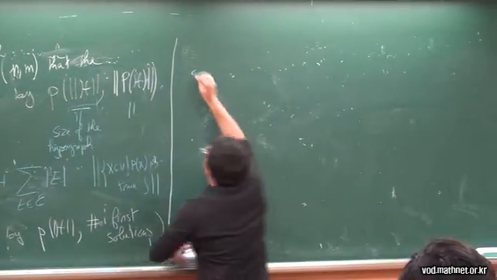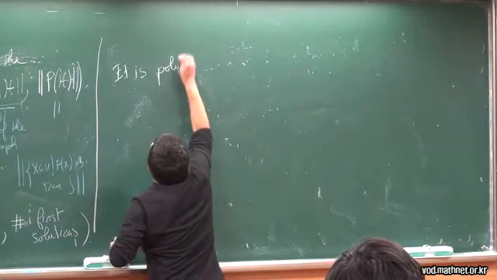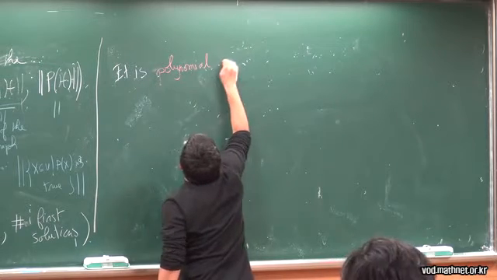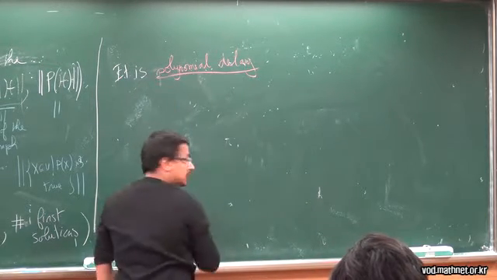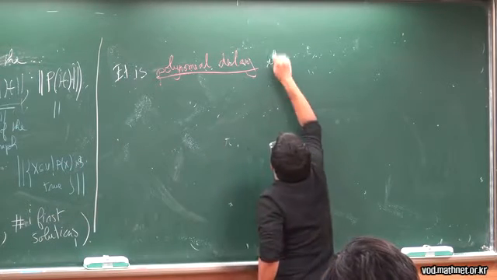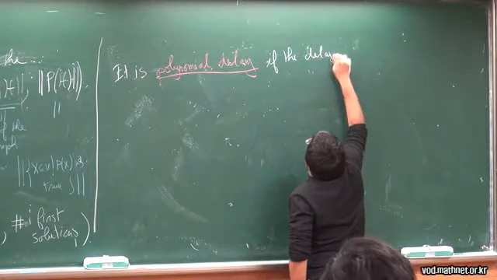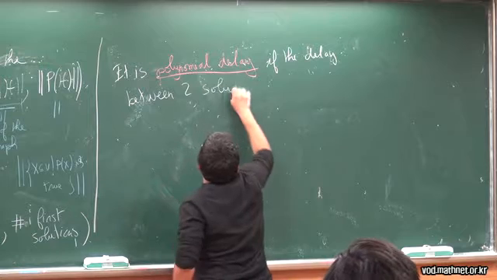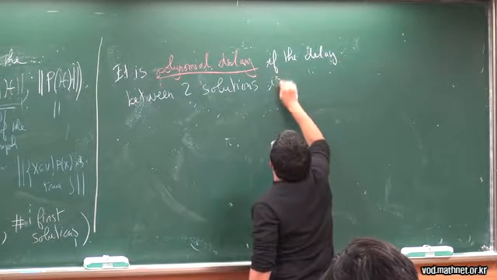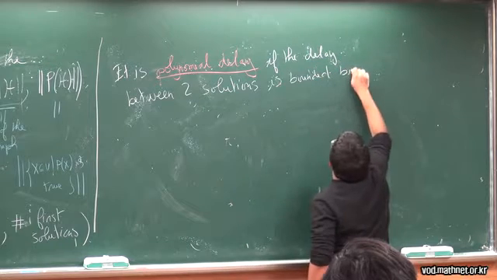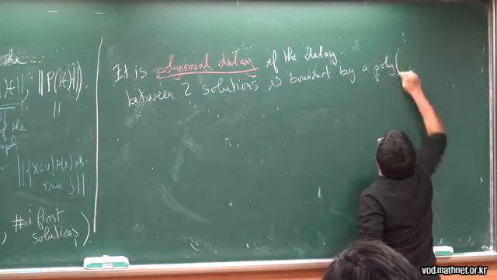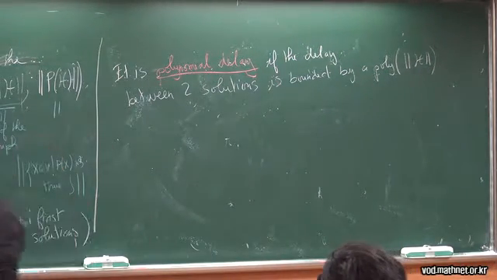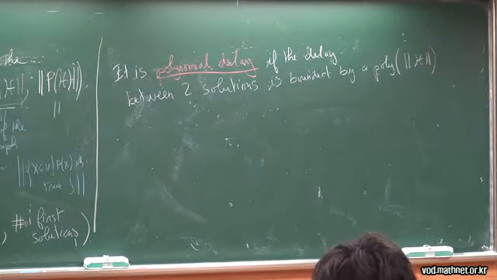So it is polynomial delay if the delay between two solutions is bounded by a polynomial on H. Now, what you will compute does not depend on what you have already computed.